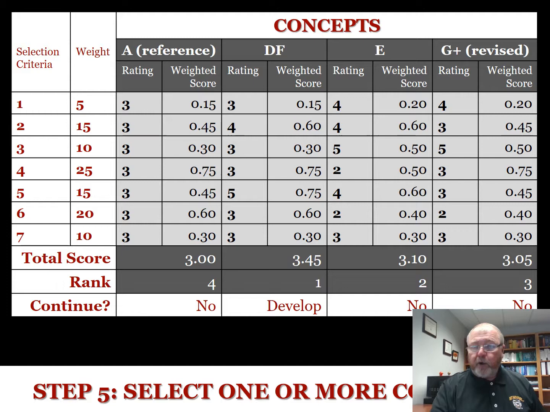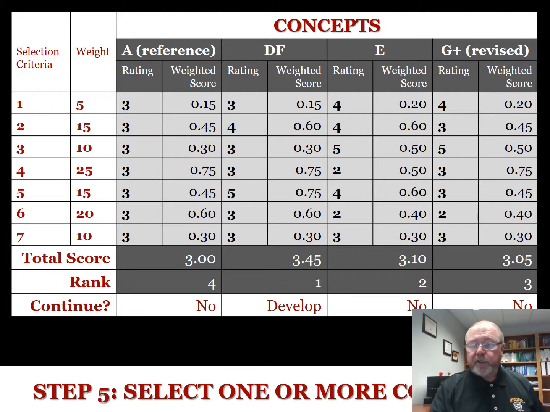So, even though I wrote develop in this table, the truth is, before I ever did that, I would be looking to see if I could learn anything from E and G plus that would help me improve DF relative to criteria 3.